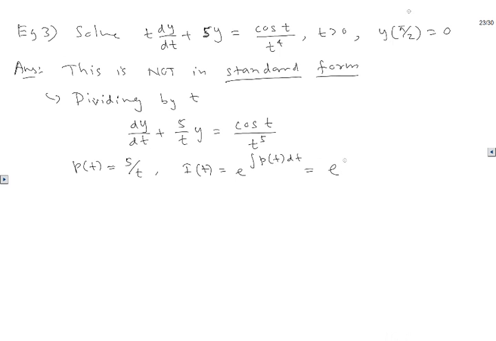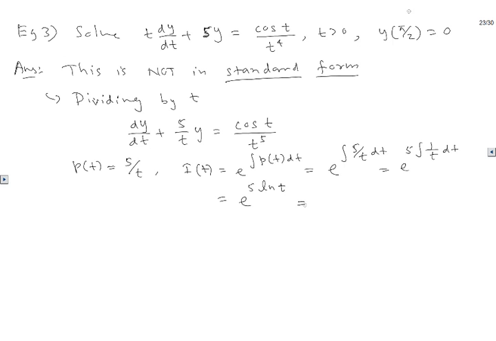It's e to the integral of 5 over t dt. If you take 5 out, it is 1 over t dt. So if you have 1 over t, that means natural log. We just write natural log t because we are looking for only one solution. And then we can do some algebra here.